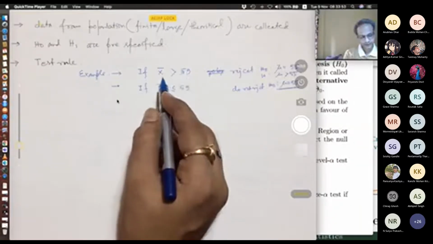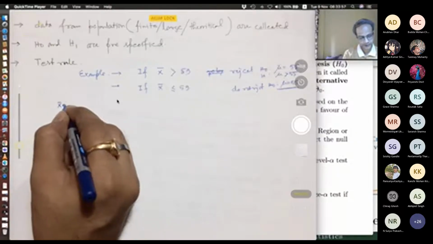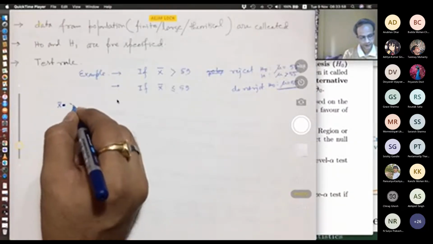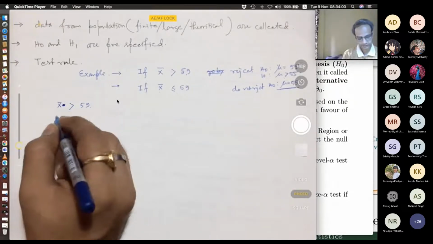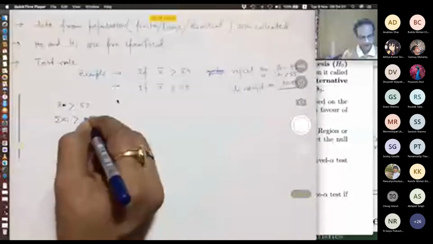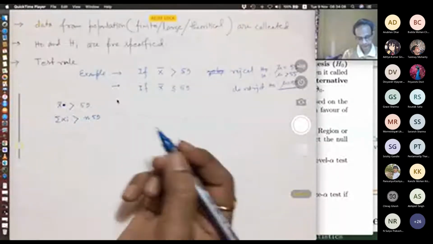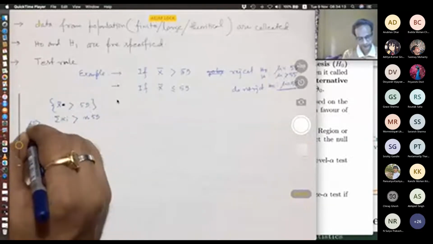What does it mean? It means that I need to consider the region x bar greater than 59. That means the sum over xi is greater than n times 59. Okay, so this set is equivalent to this set.